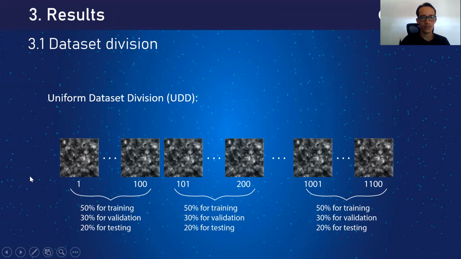Regarding the division of the dataset in training, validation, and test subsets, 2 configurations are adopted. The first one is called uniform dataset division. In this configuration, for every 100 frames, 50% are used for training, 30% for validation, and 20% for testing.